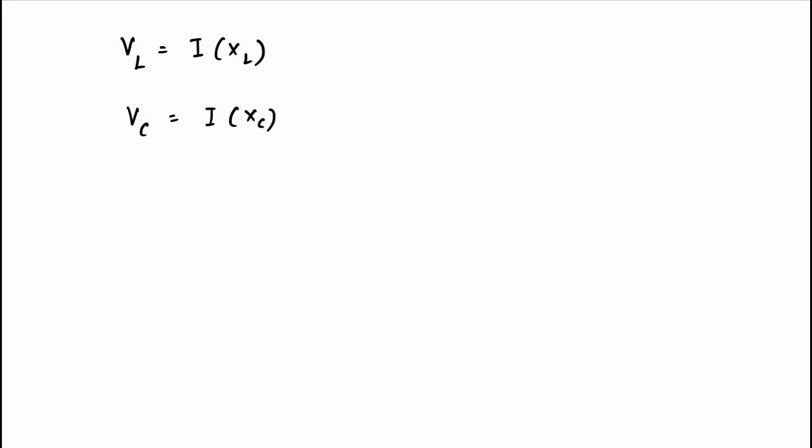This is in the negative direction. So if XL is greater than XC, then obviously VL will be greater than VC.